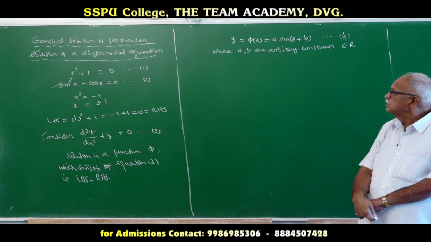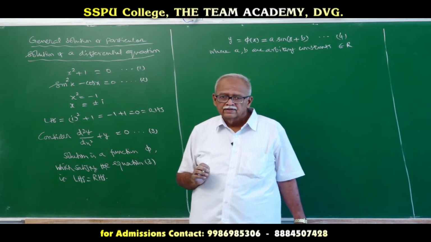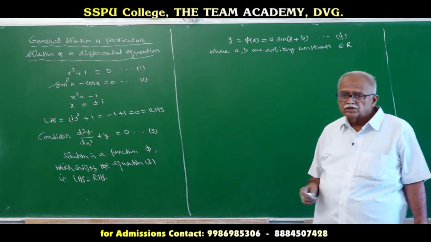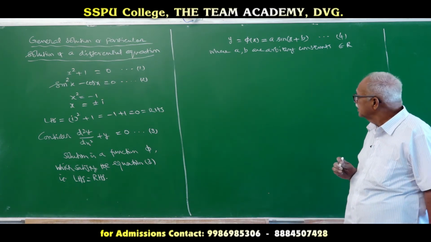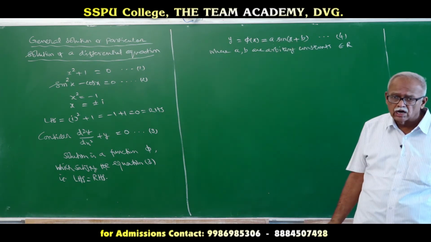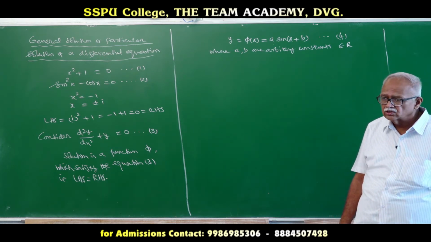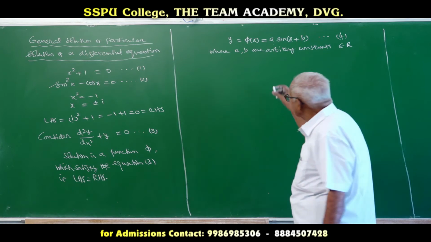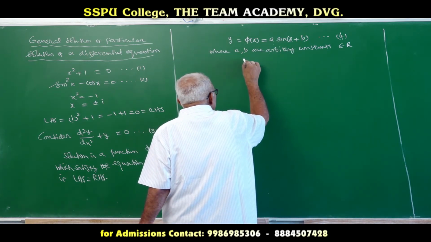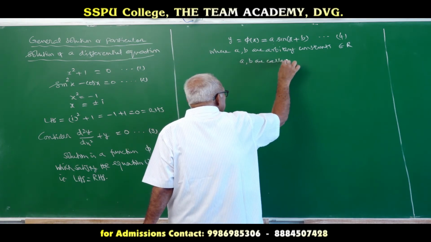When we substitute this phi of x in equation 3, the equation is satisfied, that is, LHS is equal to RHS. In this equation you can see two arbitrary constants, a and b. These constants are called parameters.